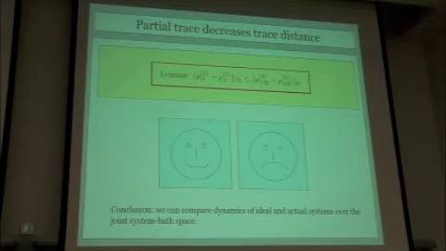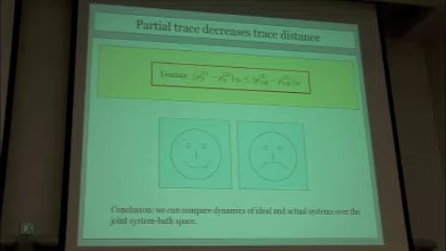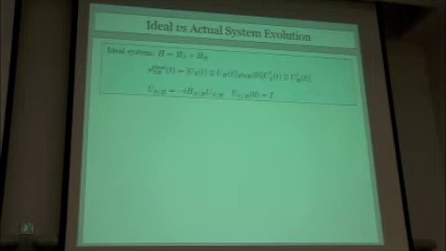So the distance here is 0, here the distance is obviously not 0. So erasing information is a distance decreasing operation. So what does this mean for us? It means that instead of working with the trace norm distance over the system space, we can work with the trace norm distance over the system-bath space. That's lemma number 2.